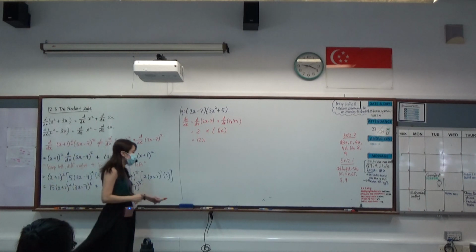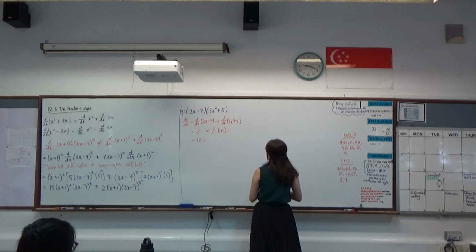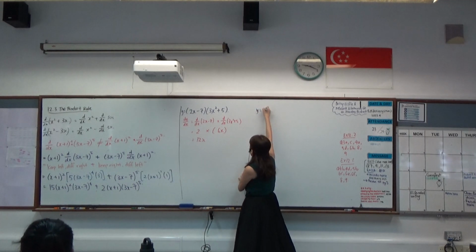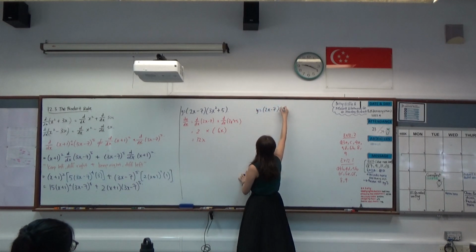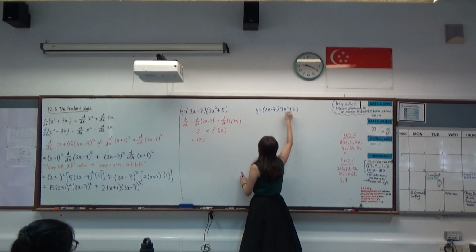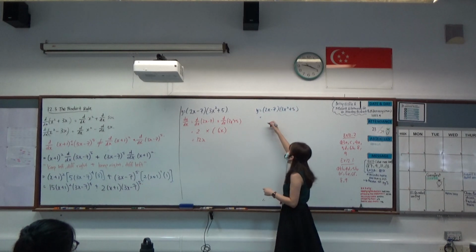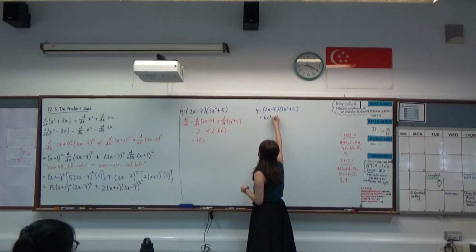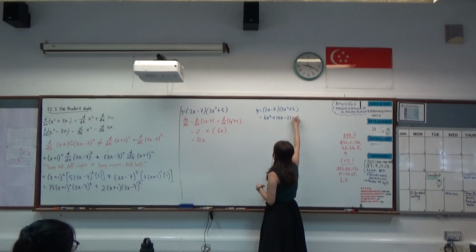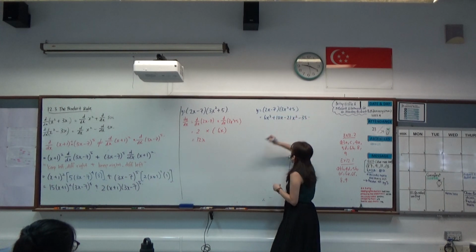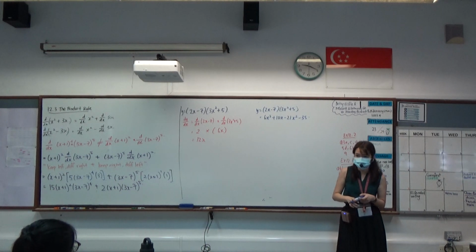But we know that from our very basic rules, y equals 2x minus 7 times 3x squared plus 5. If I expand it, I'm going to get 6x cubed plus 10x minus 21x squared minus 35. Agree?